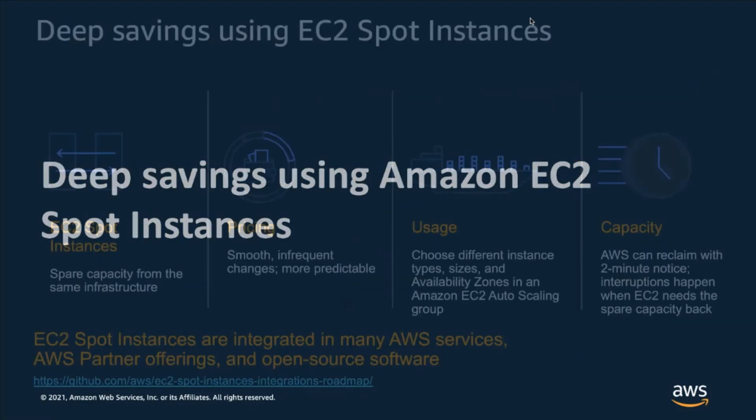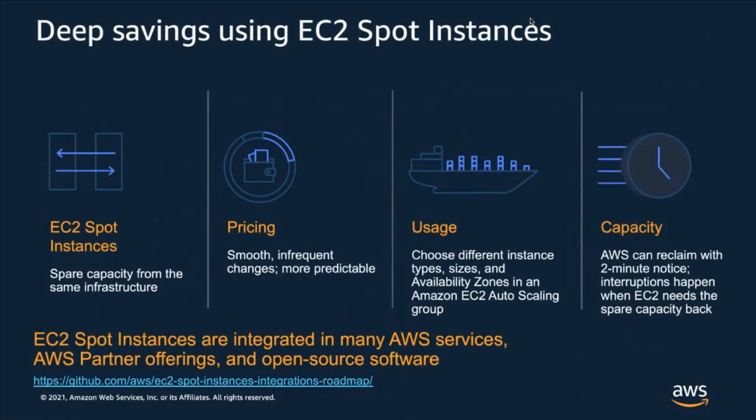So let's talk about spot instances, because that is at the heart of this tech talk and really what we want to focus on. So spot instances, again, as I said, are spare capacity from the same infrastructure, right? So when you purchase a spot instance, you're simply purchasing an EC2 instance, and it's the same capacity that you'd be purchasing if you launch it as on demand. You're just paying for it differently.